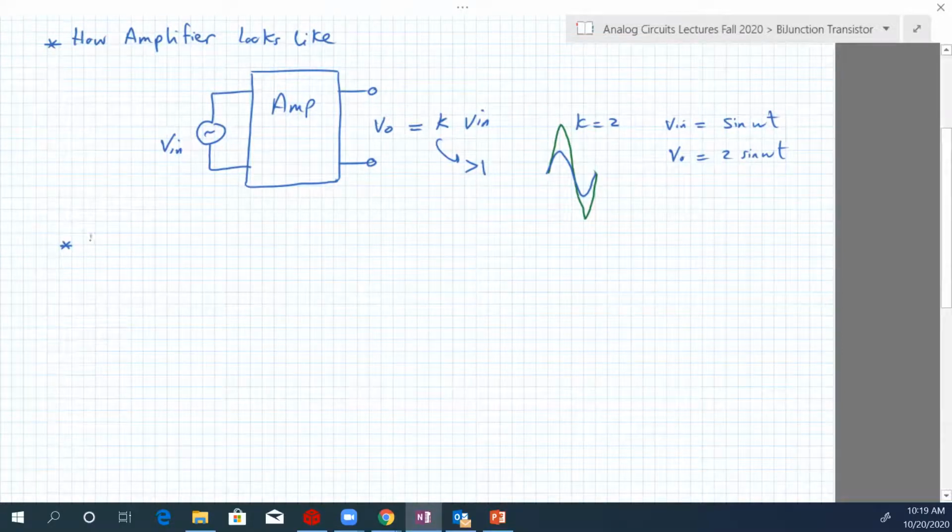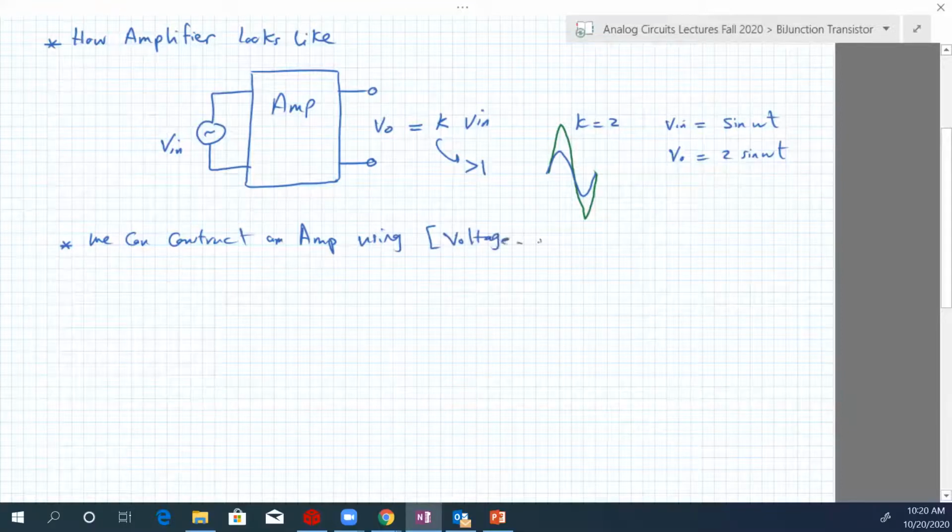So we can construct an amplifier using a voltage dependent current source. You guys are familiar with voltage dependent current source?